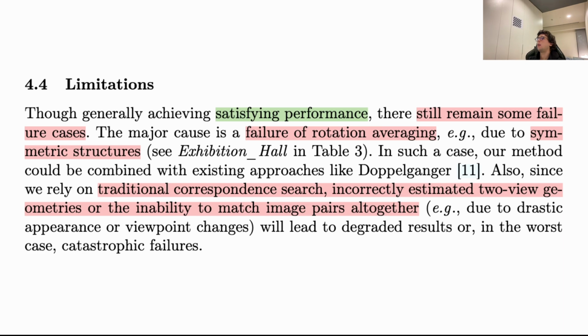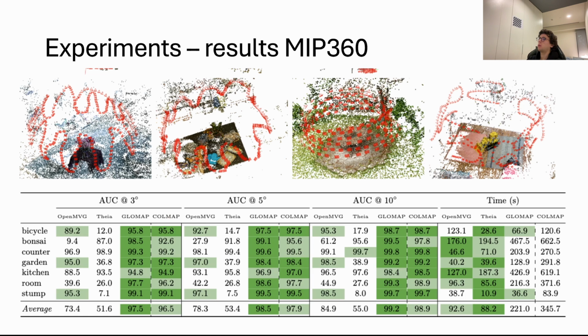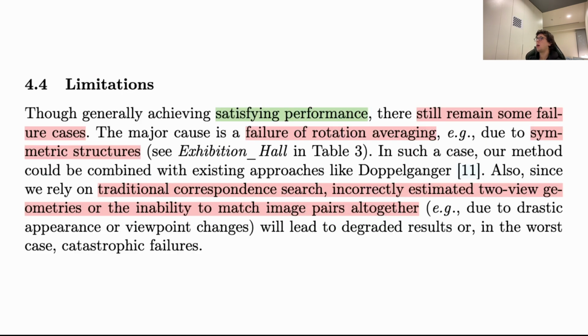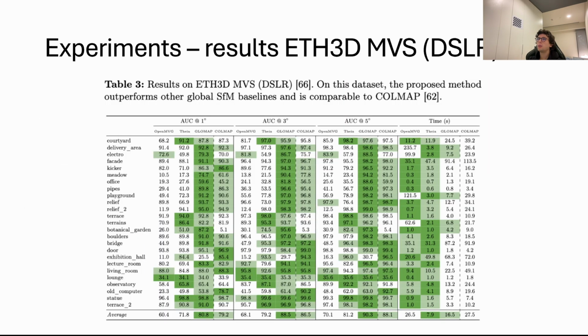So of course this method has also limitations. They say that it has satisfying performance, which actually reflects what we have seen in the results. But there still remain some failure cases. Some of them are in these results, like a failure of rotation averaging due to symmetric structure, for example, the exhibition hall in table 3, basically. Let me see here if you can see the exhibition hall.